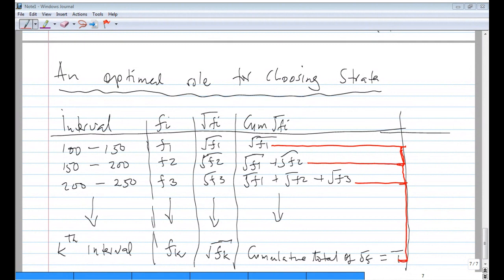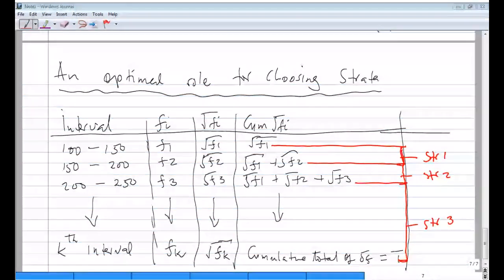So how many strata are you going to have? Three of them. So this is the first one, stratum number 1. This one is stratum number 2. And this one is stratum number 3. Okay?